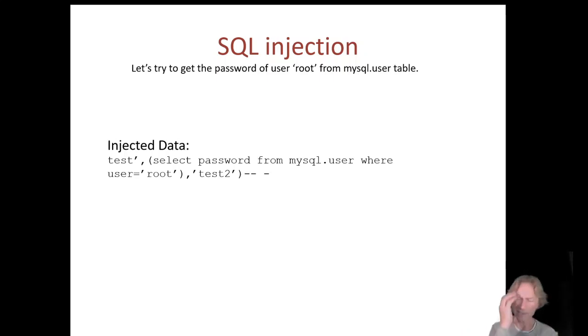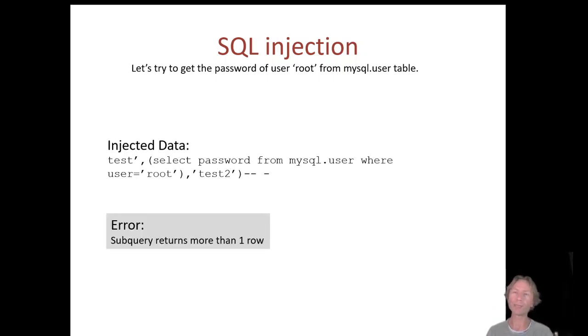So these are the three values for these three fields. Now, unfortunately, this doesn't quite work because if we try this, the database complains that the subquery returns more than one row. Now, how can we fix that? Well, what we can do is use all the things that we can do in SQL to bypass this problem. One of the things that we can do in SQL is limit the number of results that we get.